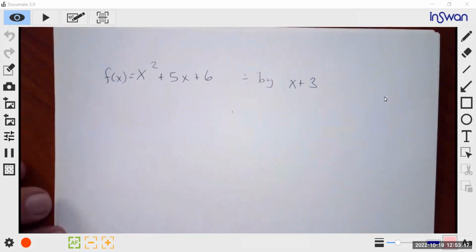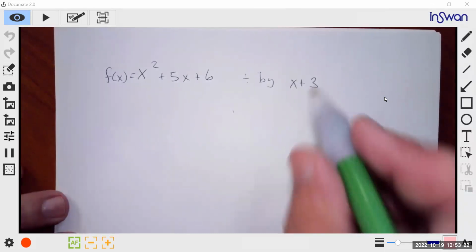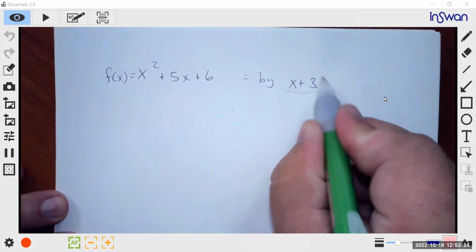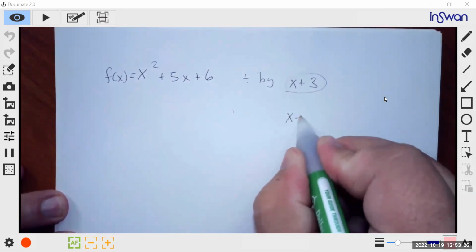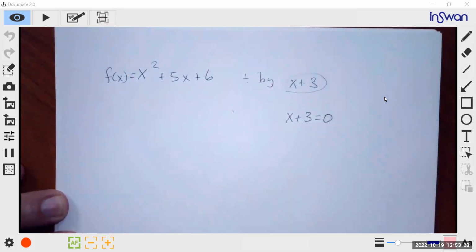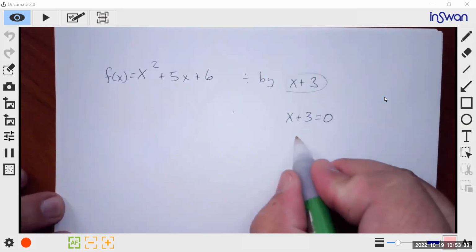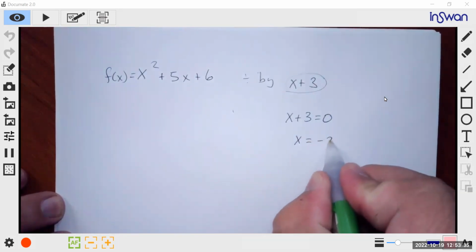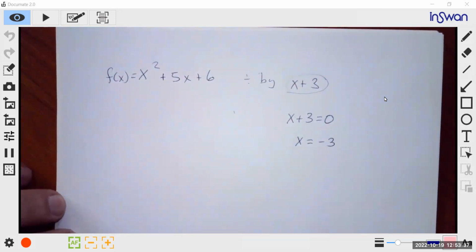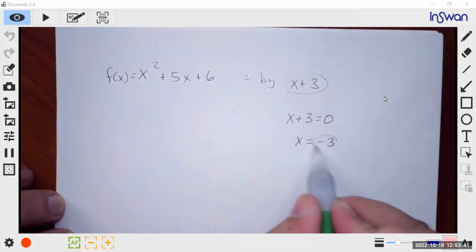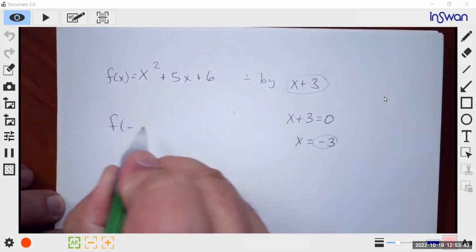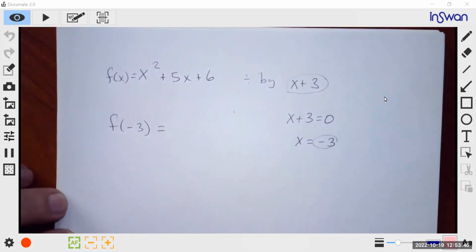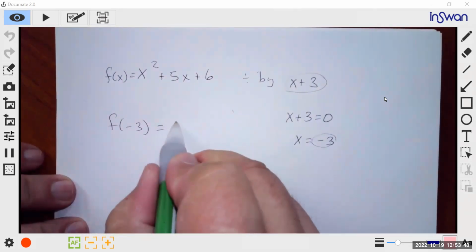Another way we can do this is the remainder theorem. Whatever your denominator is, set it equal to 0 and solve for x. Now, if we take this x and put it inside here and work it out.